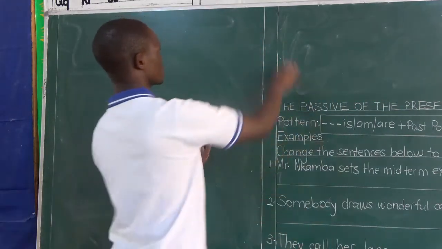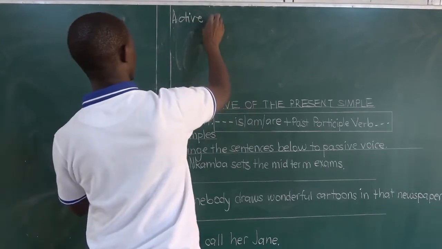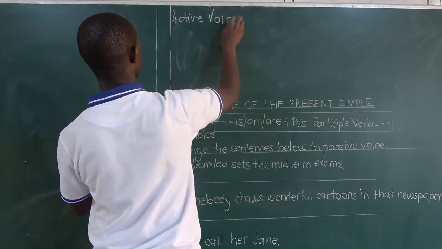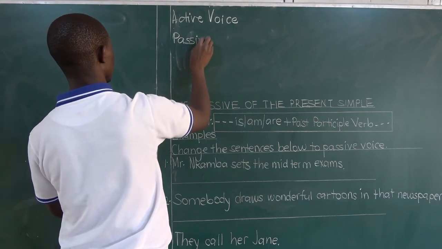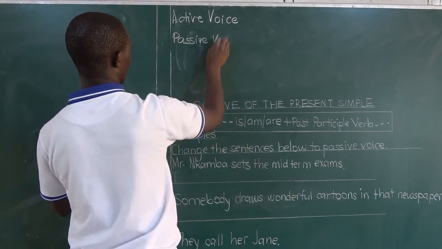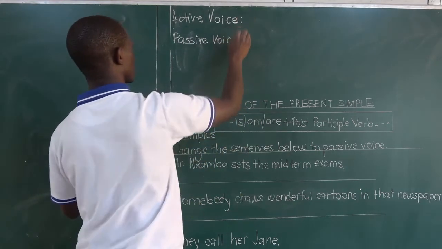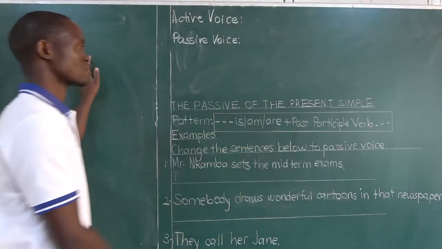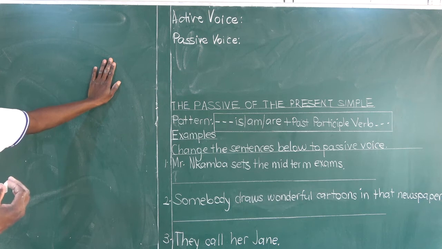So in English we have two voices: active voice, for those who are learning this for the first time, and passive voice. What can I say about the active voice? In the active voice, there's a specific order of words in a sentence.